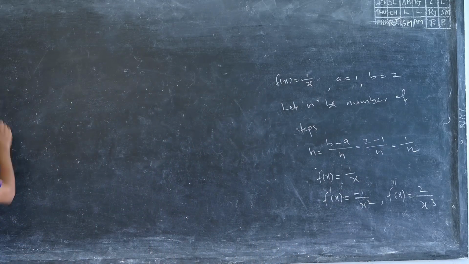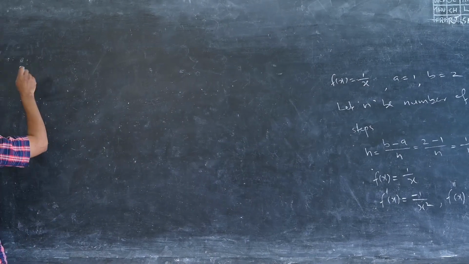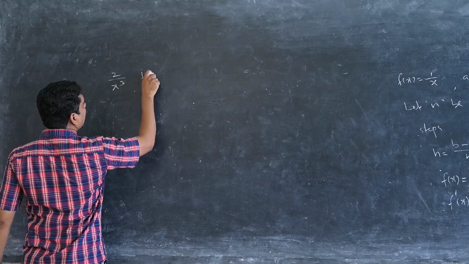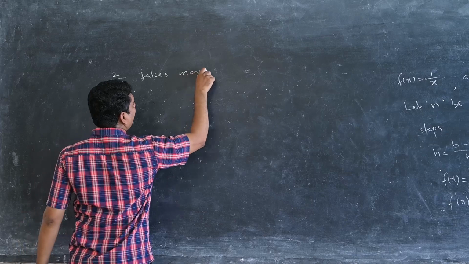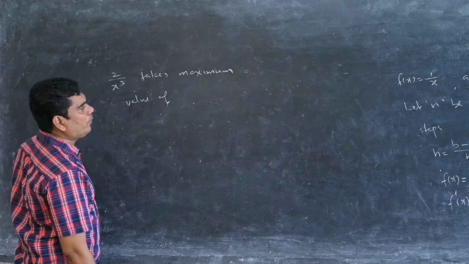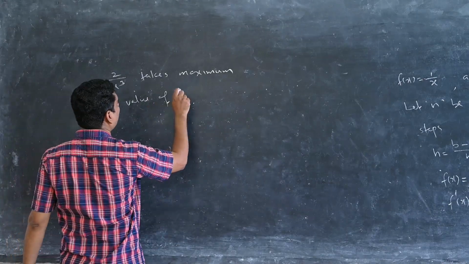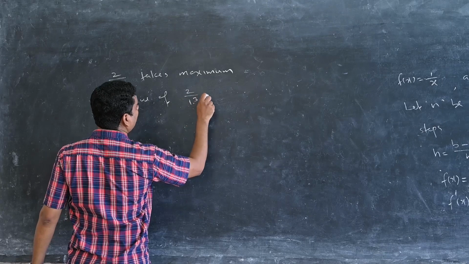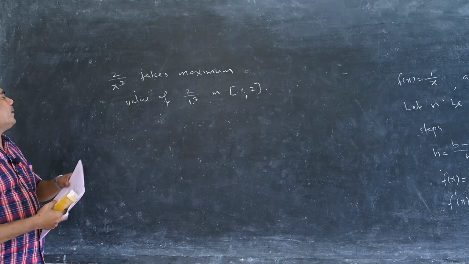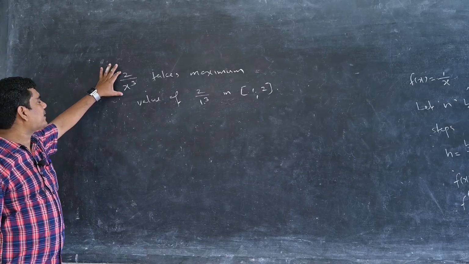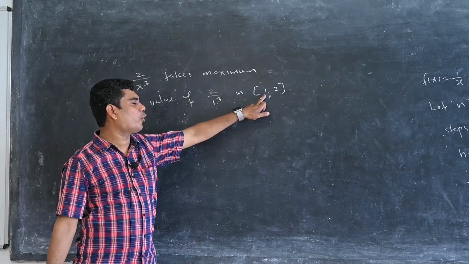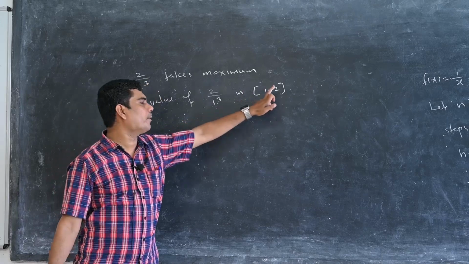We have 2 by x cubed. This function takes its maximum value 2 by 1 cubed at 1, and its minimum value 2 by 2 cubed at 2.